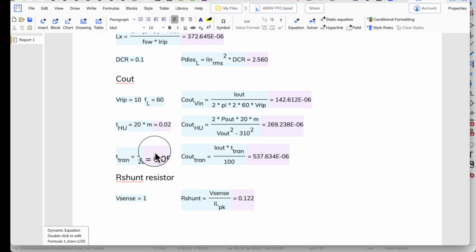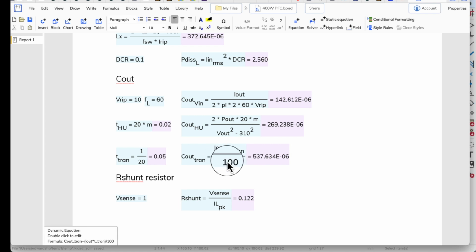I'm at 0. The way I'm doing this is I equals C dV dt, and I can show you how this equation is that. I manipulate it to get the C out, so C is equal to I times dt divided by dV.